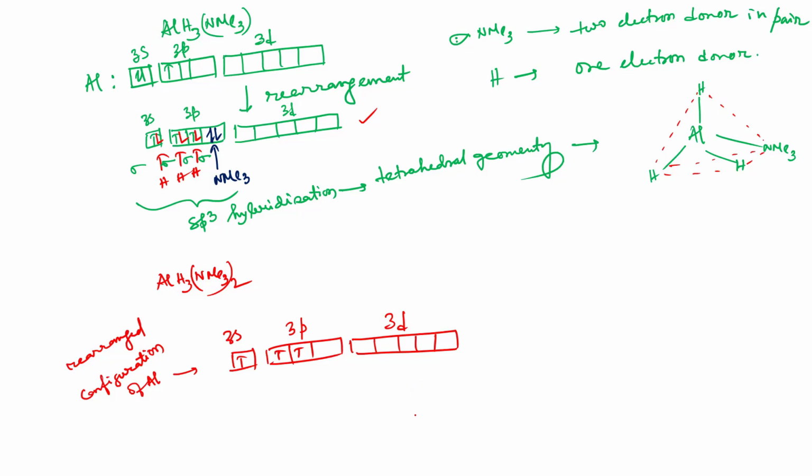Since NMe3 will donate in pairs, one pair will go to one empty p orbital, and another pair will go to one d orbital.